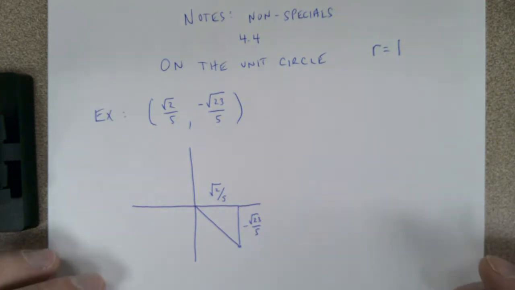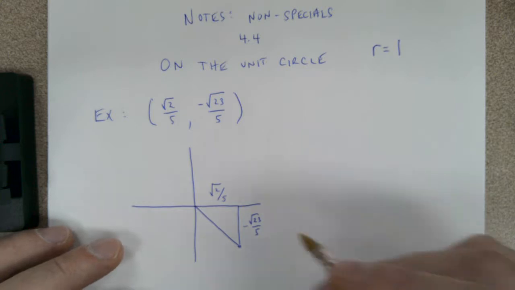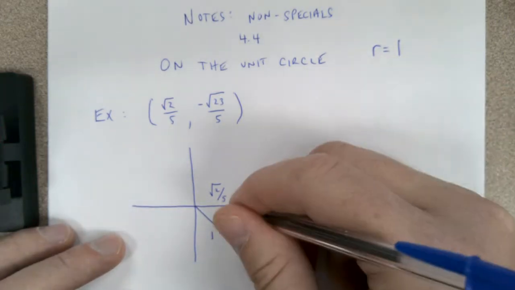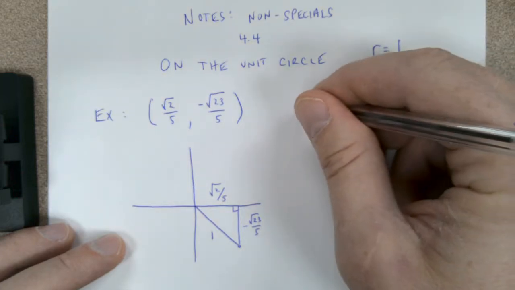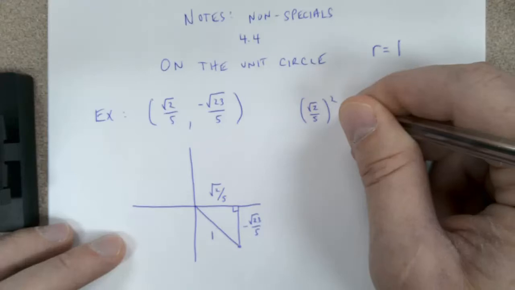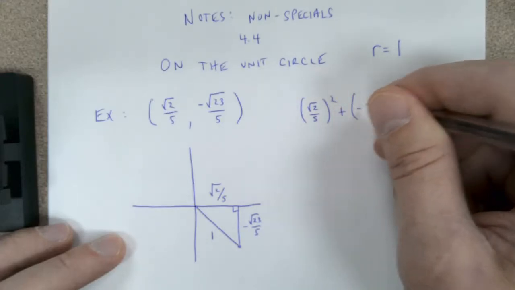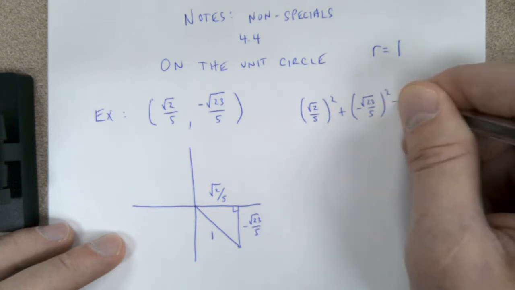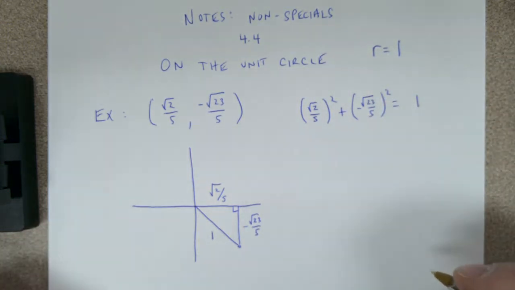Now, when I check to see that it is on the unit circle, this value here should be 1, which if we check the Pythagorean theorem, that would be radical 2 over 5 squared plus negative radical 23 over 5 squared would equal 1.